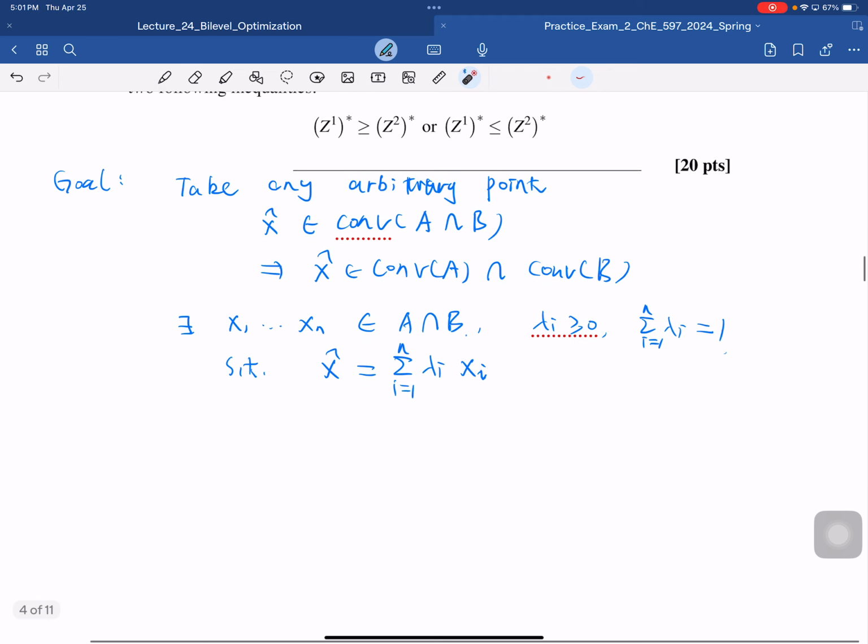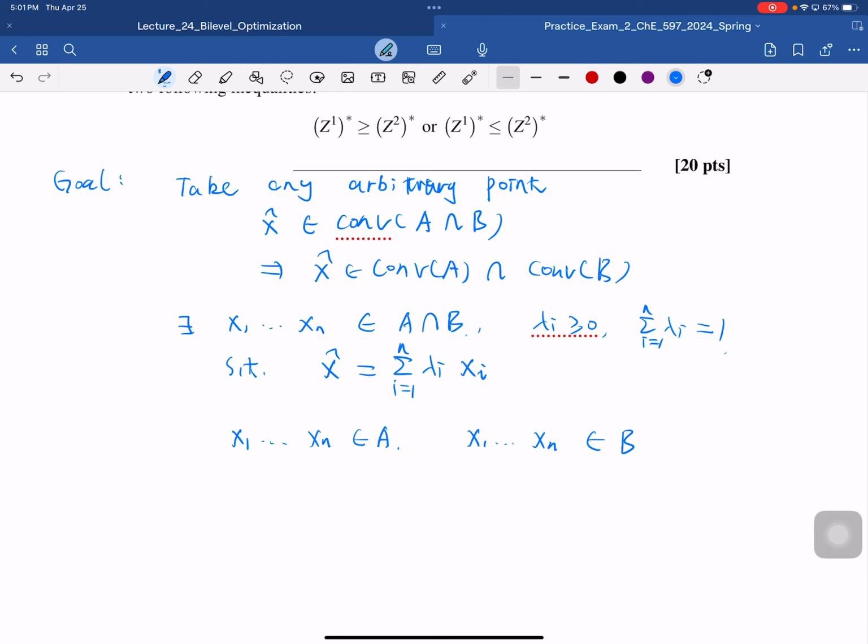Since x1 all the way to xn are in the intersection of A and B, they are in A, and they are in B as well. That's just the definition of intersection.